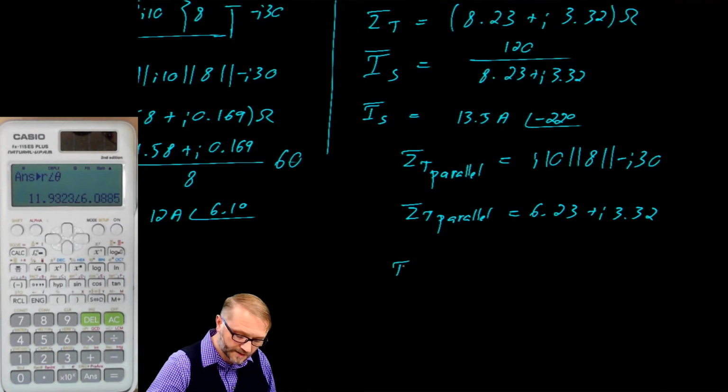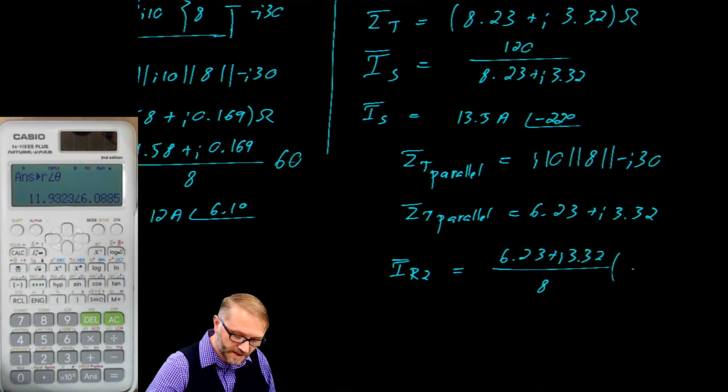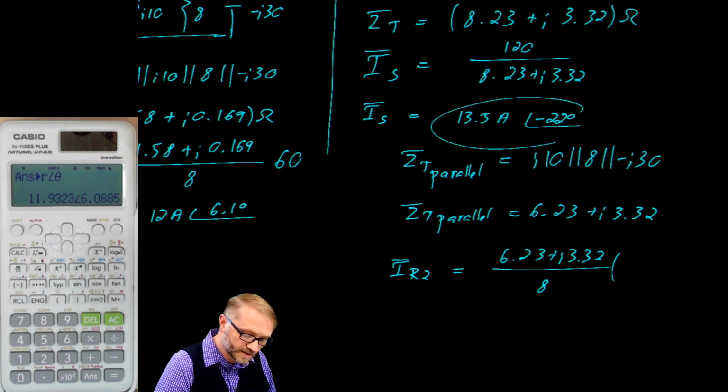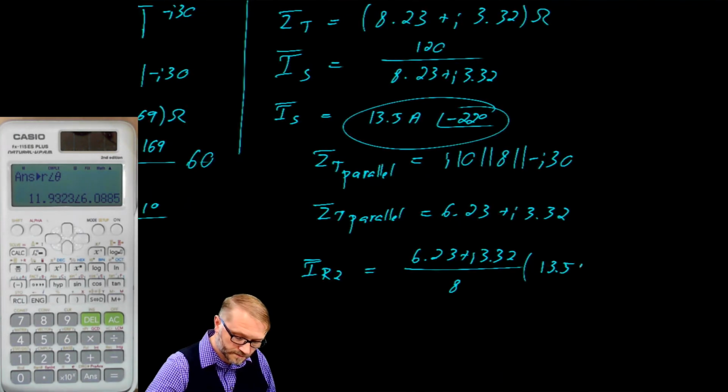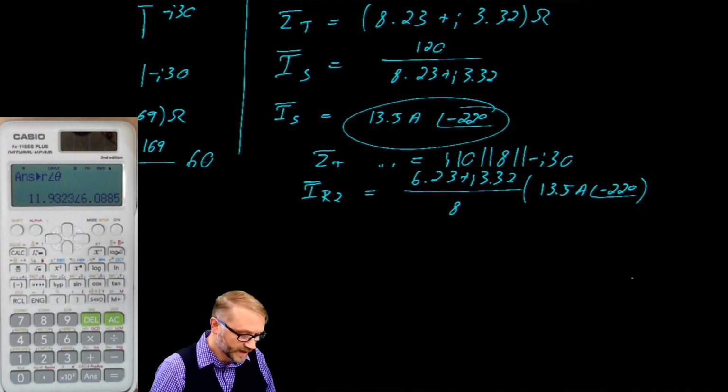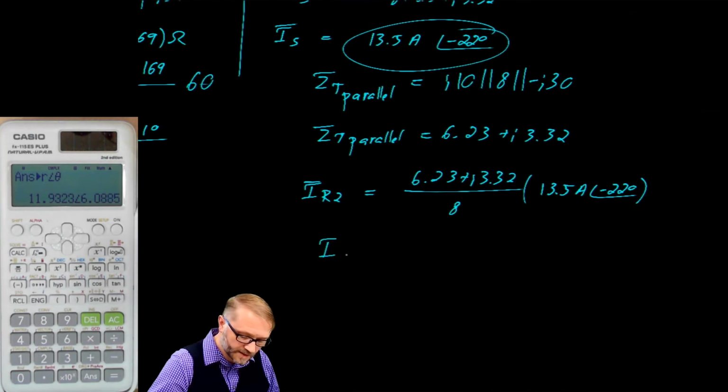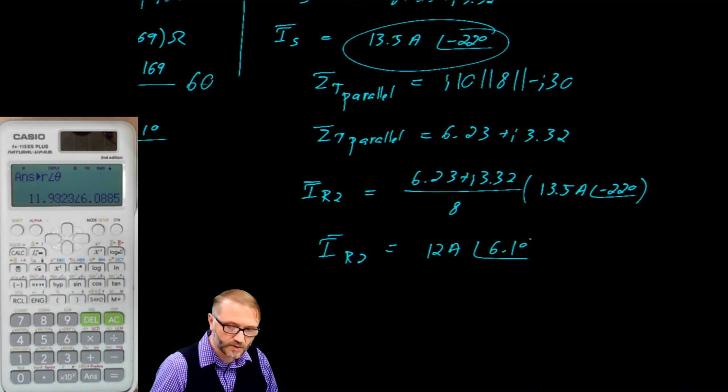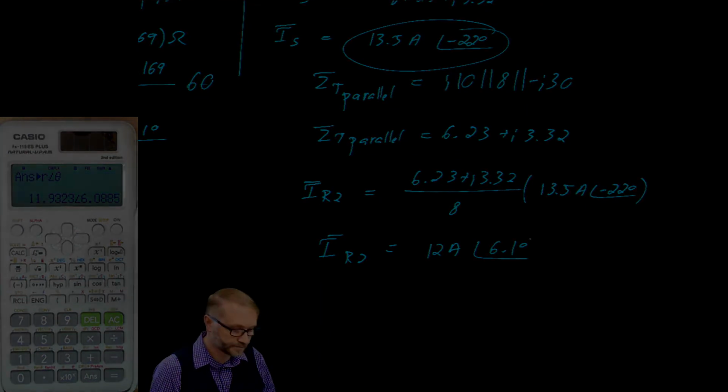And now we can calculate current through R2 as 6.23 plus j3.32 over 8 by this current. And if you run that through your calculator, I believe you'll find the current is the same 12 amps we calculated earlier at an angle of 6.1 degrees.